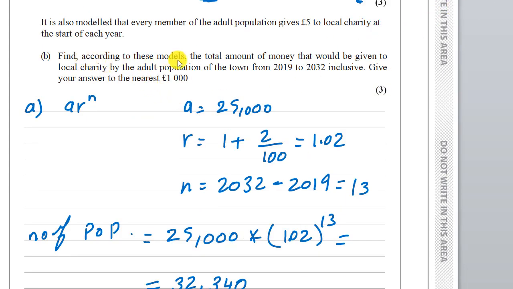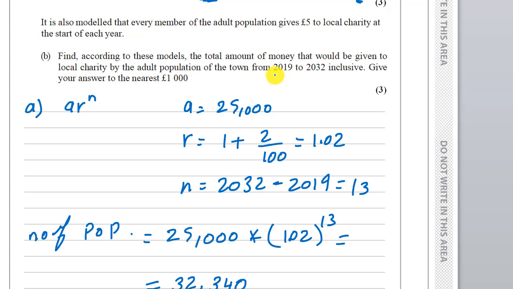So I need the sum of population first, and then this sum multiplied by £5. Let us go through the question here. He said from 2019 to 2032 inclusive.